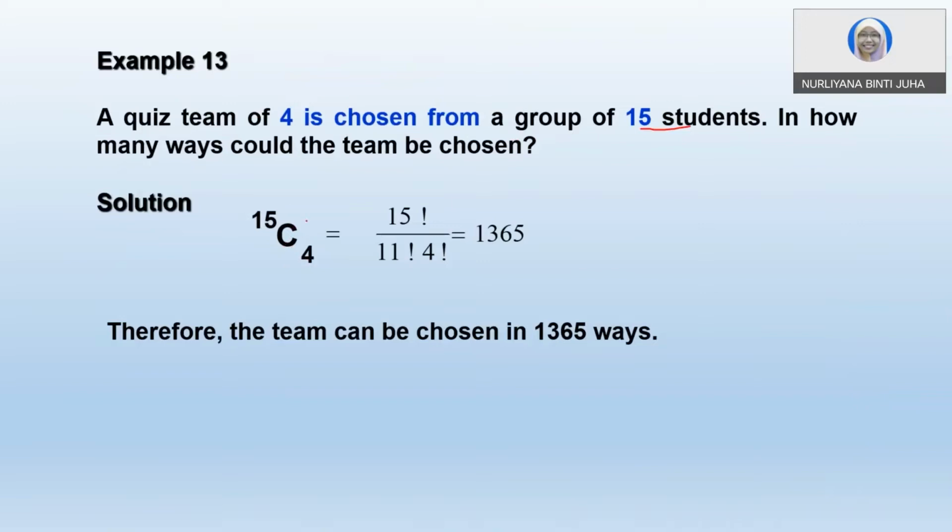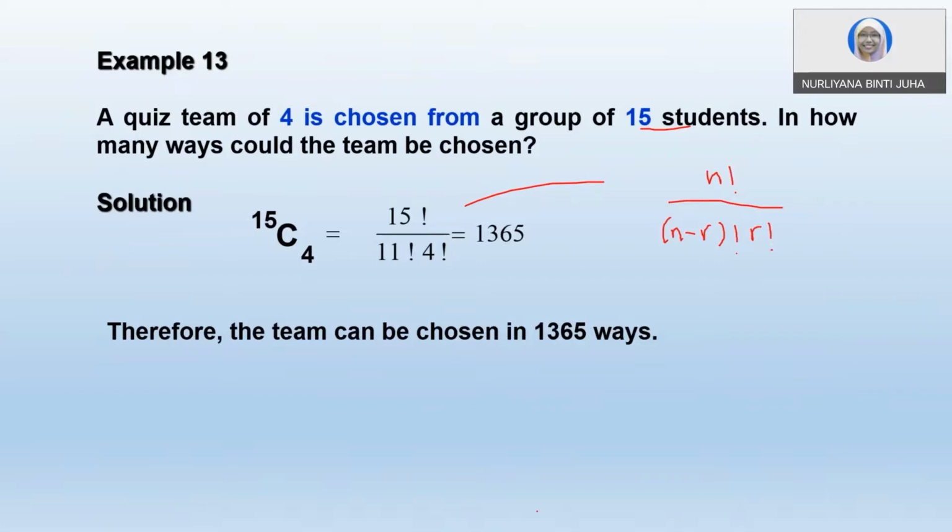So simply key this into your calculator, or if you want to see the steps more clearly, 15 factorial over, this is the formula. Just now, n factorial divided by n minus r factorial, multiplied with r factorial.